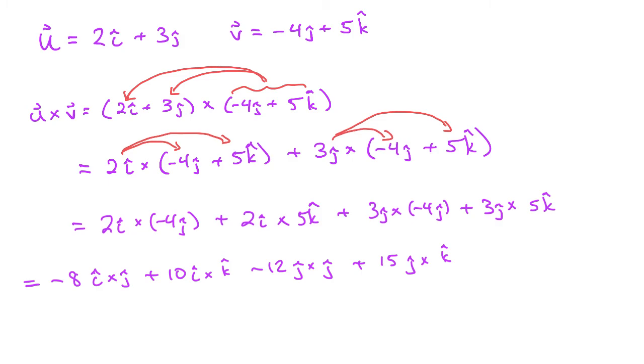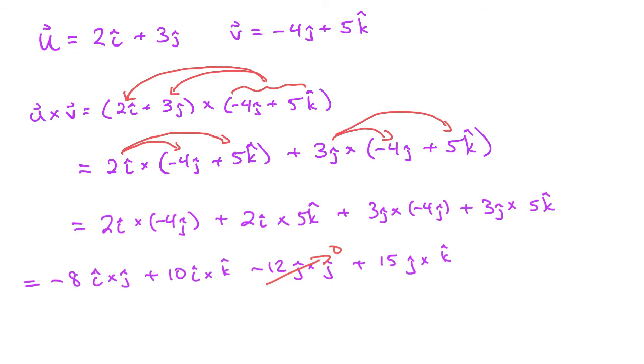Well, now using our properties immediately, if we cross a vector with itself, that would become 0. We lose our j cross j term, so that one goes away. And so now for our remaining vectors, we can use our cyclic properties that we had, just to remind us of what those were.